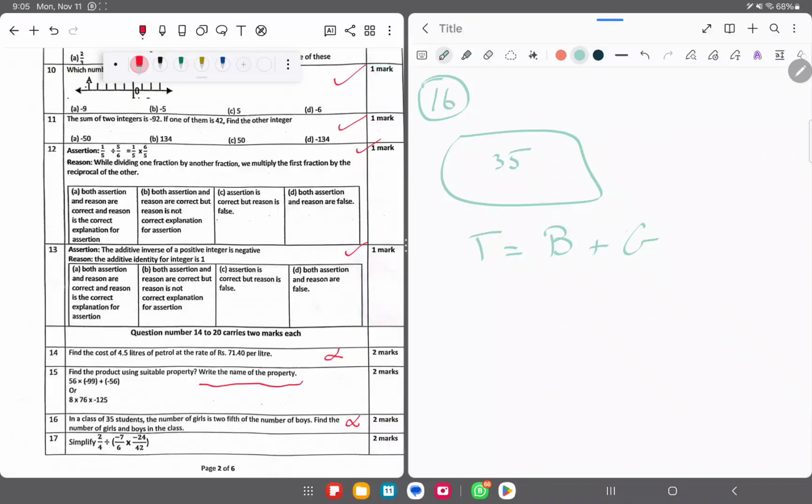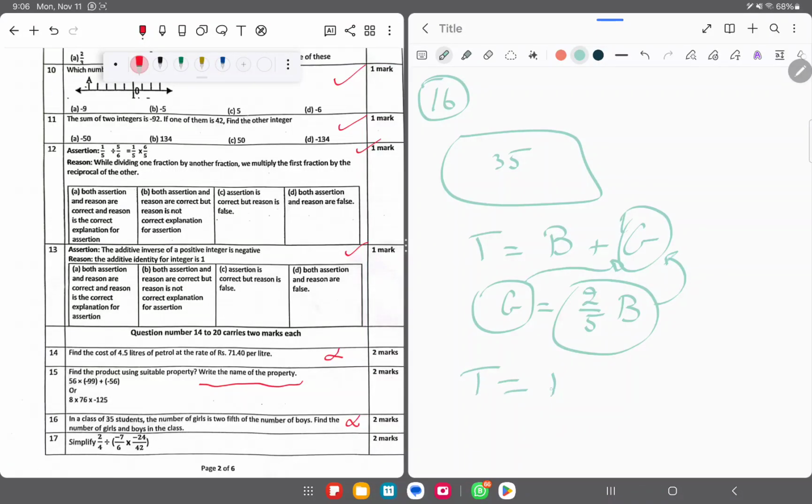Now they're telling us the number of girls is 2/5 the number of boys. So if I want to write girls over here, this is where I need to substitute. Show some animation that it was substituted, that I got 2/5b and I put it here.